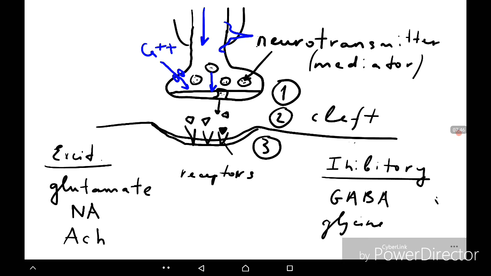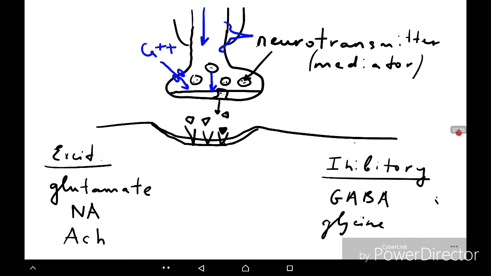In the spinal cord, glycine is an inhibitory neurotransmitter. So what is the difference in their effect upon the postsynaptic membrane?